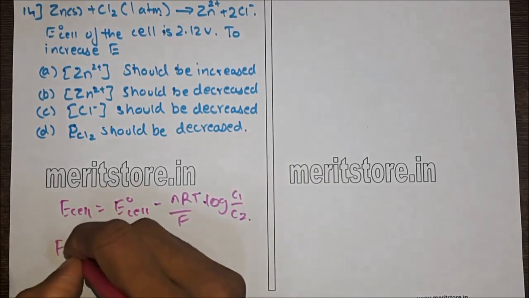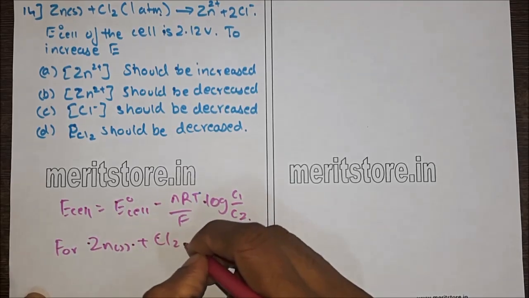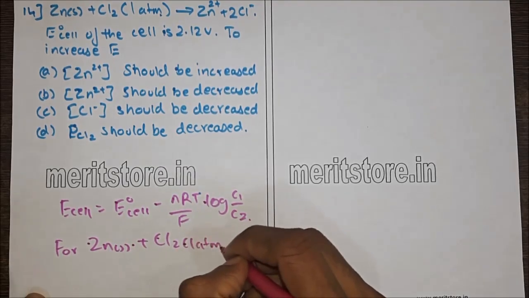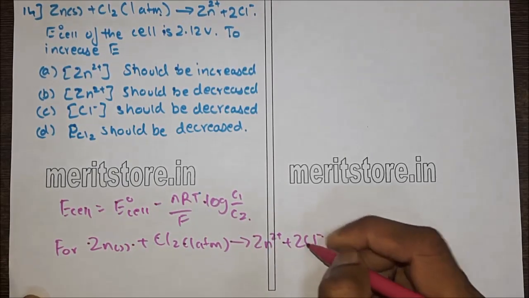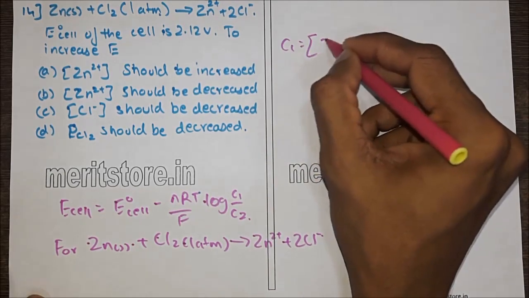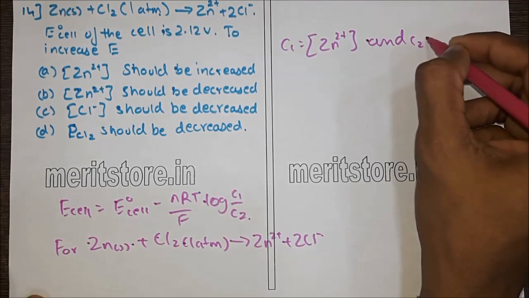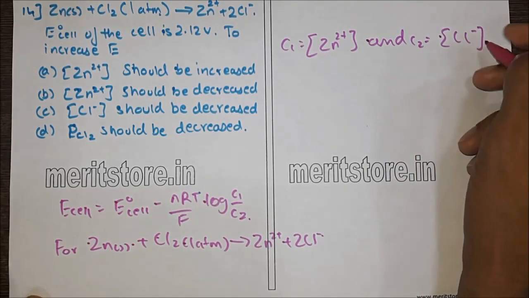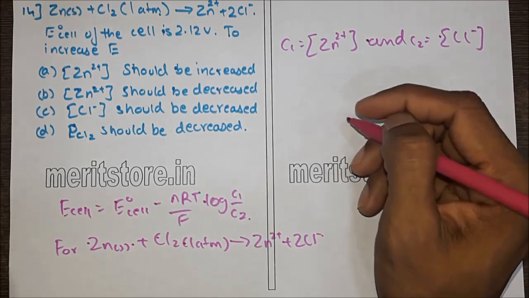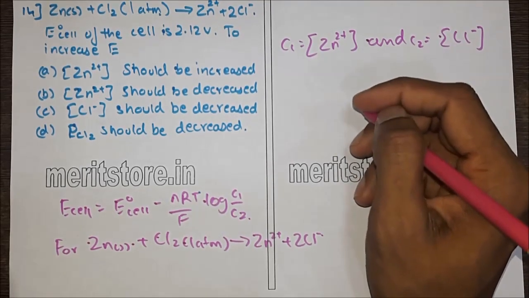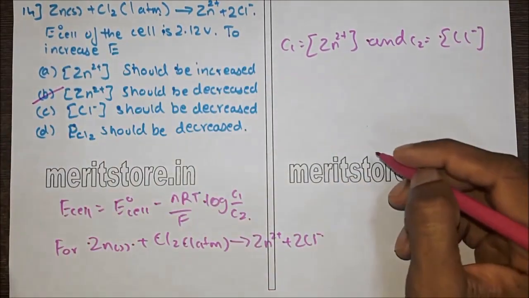So for zinc solid and Cl2 at 1 atm, which gives Zn2+ and 2Cl minus, C1 is Zn2+ and C2 is Cl minus. Hence to increase E, C1 should be decreased and C2 should be increased, as Zn2+ should be decreased and Cl minus should be increased. Therefore option B is the correct answer.